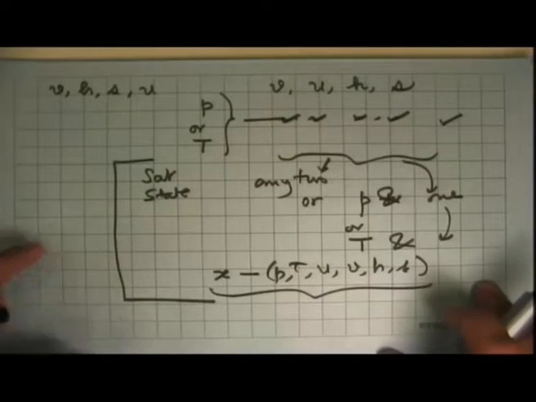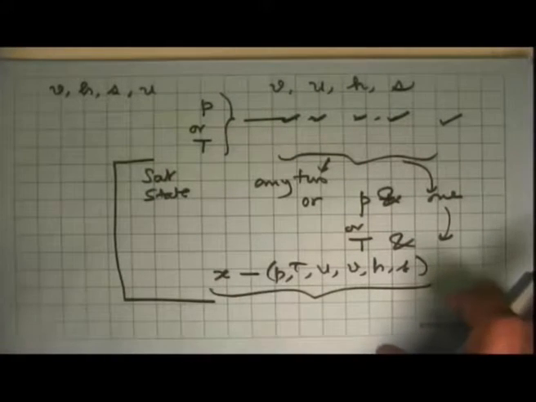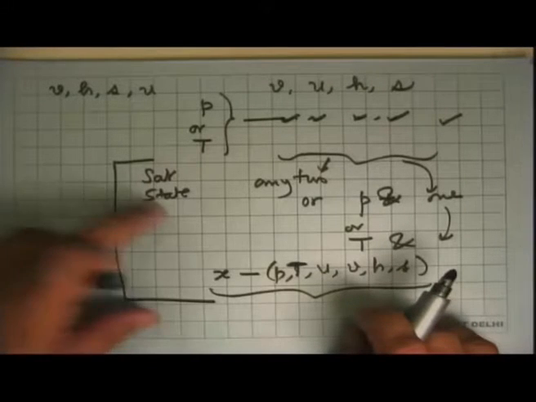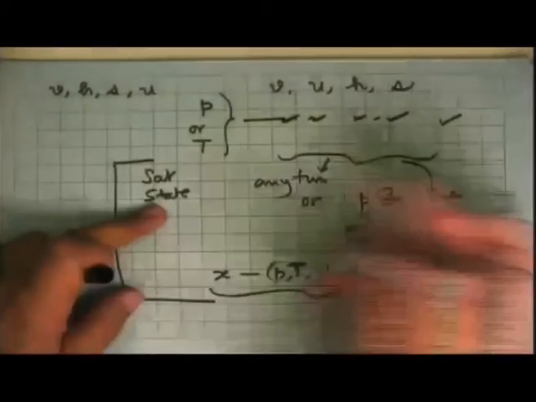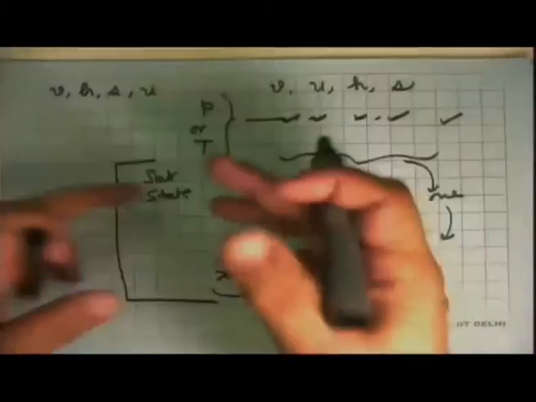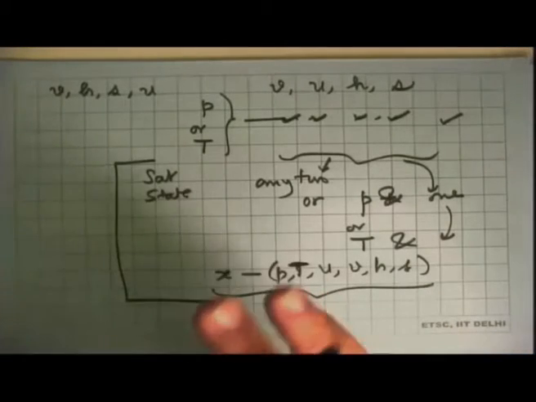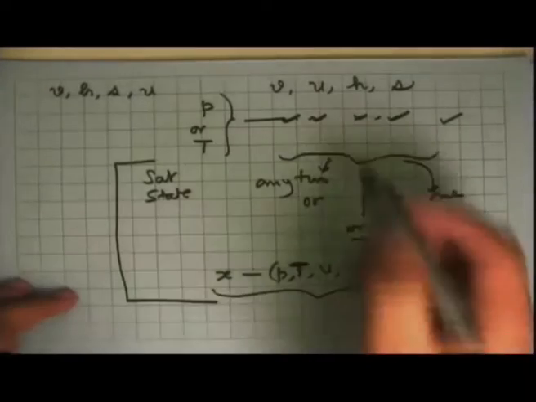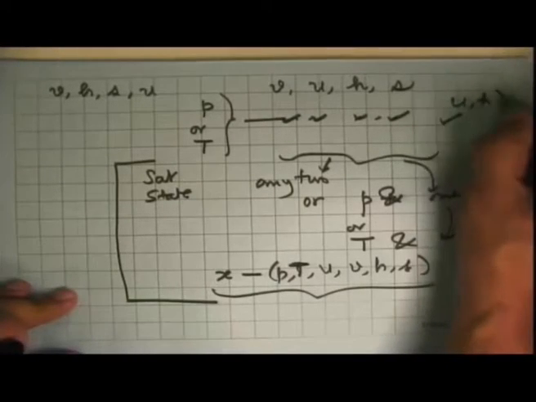And when we do problems, we get different combinations of properties coming in. We should not get flummoxed, and we just simply ask the question: do we have a saturated state? If yes, then we have to look at all of this. If no, any two of these properties are good enough. If the state is completely defined, it may be a little more difficult to get properties. If, say, U and H are given, we automatically know that we have two independent properties.